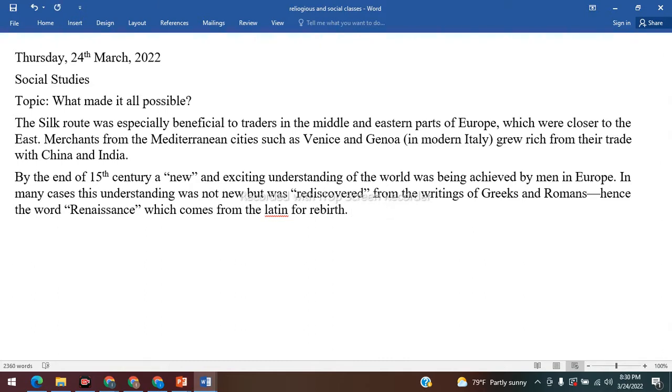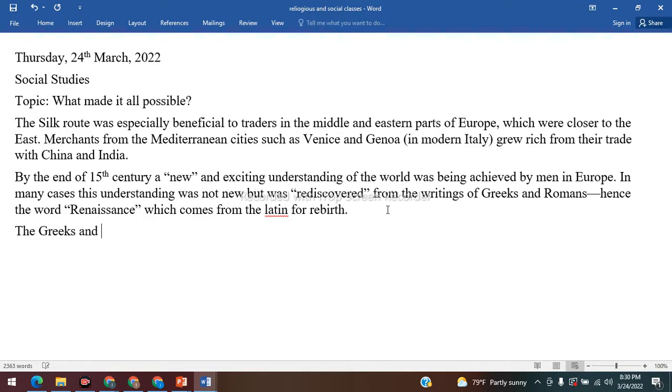The Renaissance helped to make the voyages possible, because when it comes to maps, instruments, ships, the compass and the quadrants, all those things were expanded upon and even made during the Renaissance, and that helped to make the voyages possible. So they had motivations for the voyages, but in order to make the voyages possible, we had to have this awakening of knowledge, which was borrowed from the Greeks and the Romans.